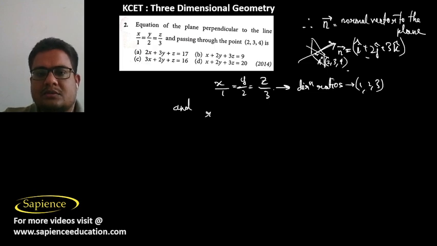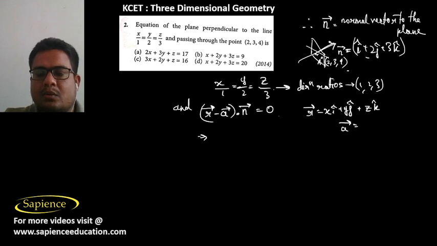So we can write the equation of the plane as (r vector minus a vector) dot n, where r vector is xi cap plus yj cap plus zk cap, the position vector of any point on the plane. A vector is the position vector of point A, which is 2i cap plus 3j cap plus 4k cap.